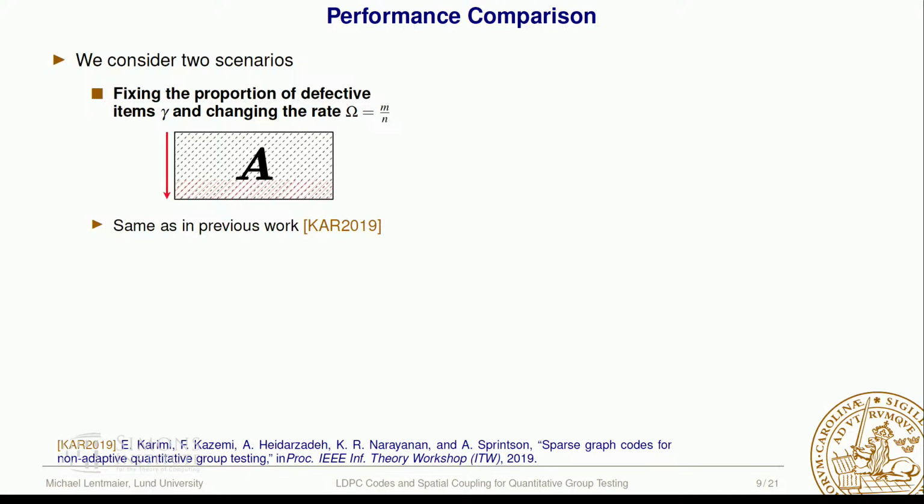So we identify the threshold: we're not changing the number of defective items, we're changing the code rate and seeing how many tests we need. This is a bit specific, but it was also considered in the prior work that we are comparing to. It's actually quite complicated because every time we change the rate, we change the code. We don't have a fixed code. We have a threshold over changing codes. It's more like a throughput analysis in some way.